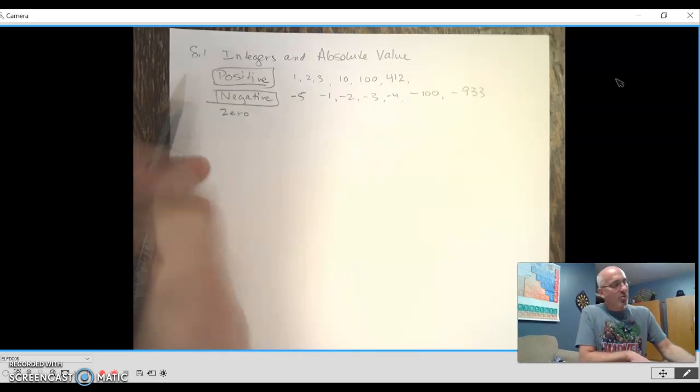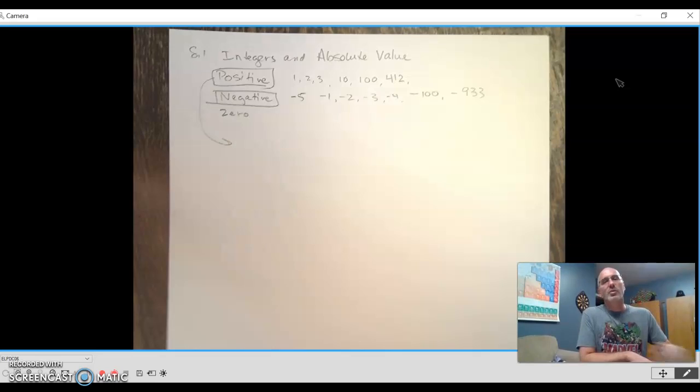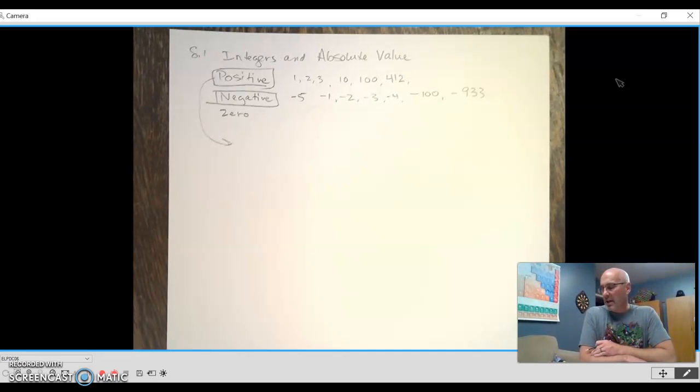Okay. So when we use positive numbers, we think about things like gains or increases. In sports, if you're watching a football game and they make a gain of 20 yards, that means they're going in a positive direction. It's a positive 20.